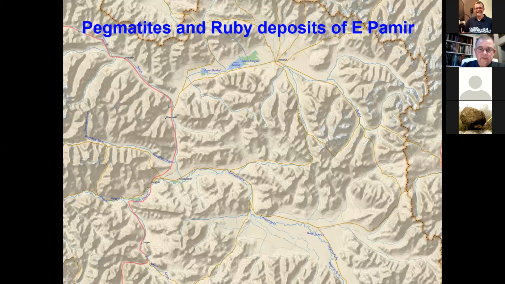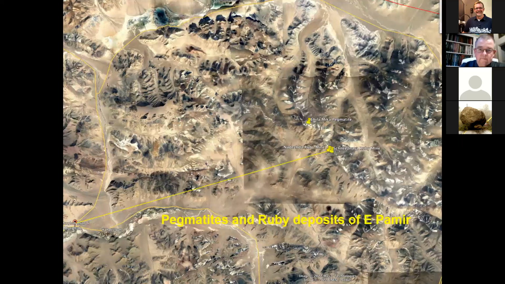And above the center of the image is the massif which we will go to. And the plain is about 4,000 meters, and those peaks are a bit over 5,000 meters, with permafrost. And here you can see the distance from Murgab, about 40 kilometers to the Snezhnaya Nadezhda ruby deposit.